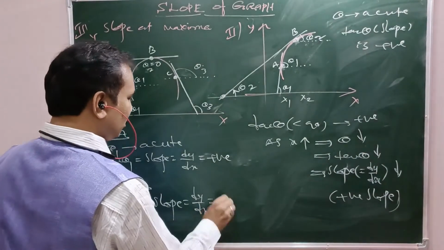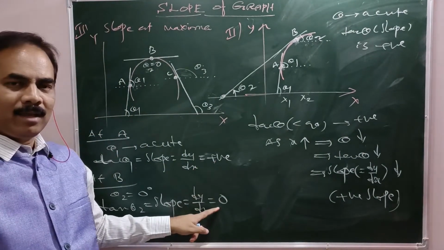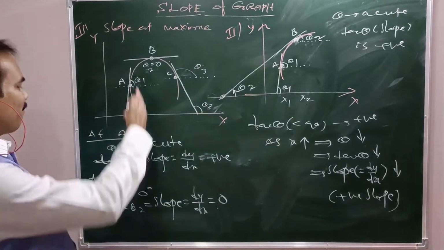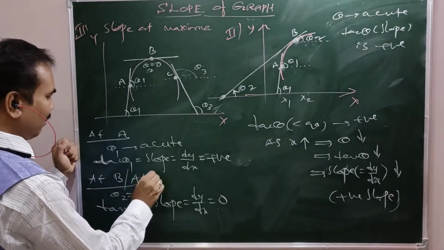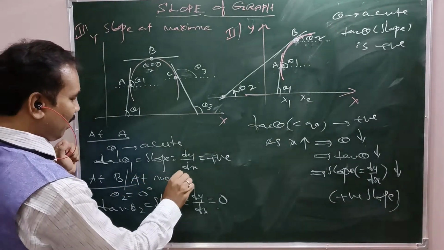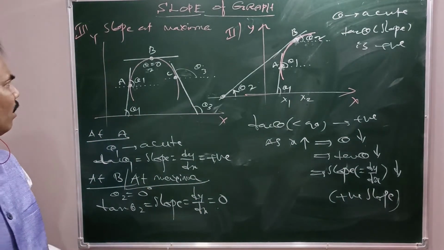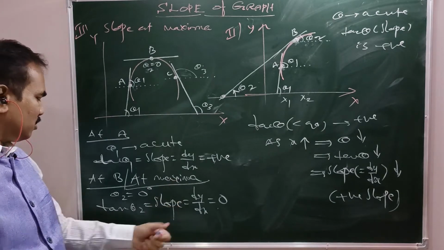Therefore, 0. See here, slope can be positive. Slope can be 0 also, at a maximum. So this is what happens at D, that is at maxima. So at maxima, what is the slope of the curve? It means 0.